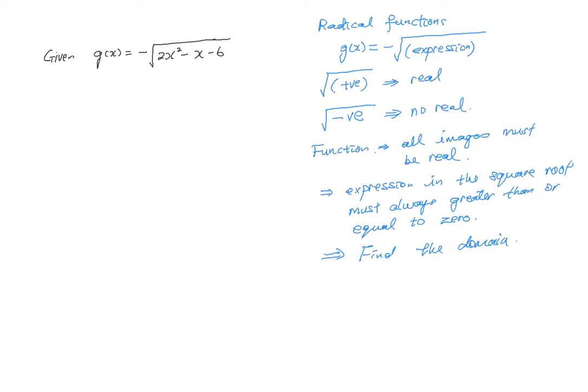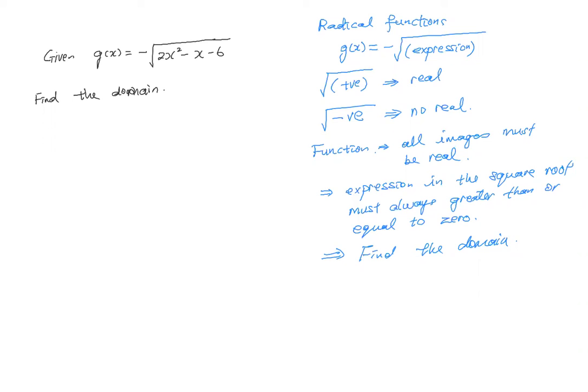So with this, then we have to find the domain. Whenever you see a radical function, you want to find the domain. What are the possible values of x? Find the domain.